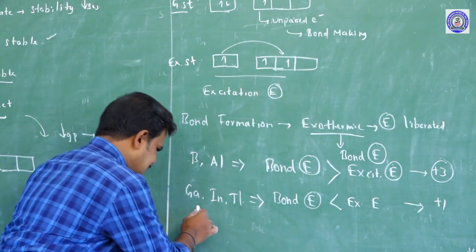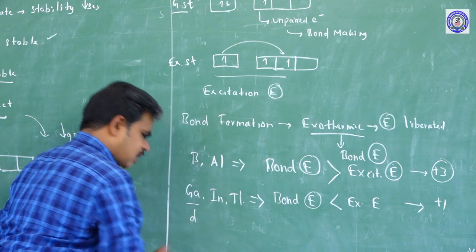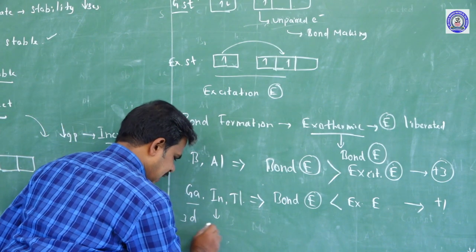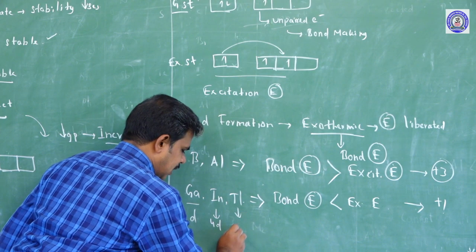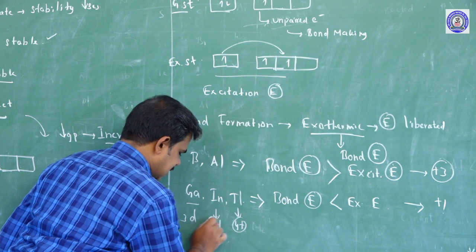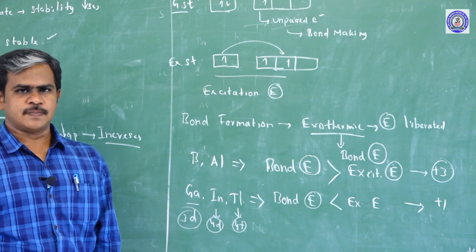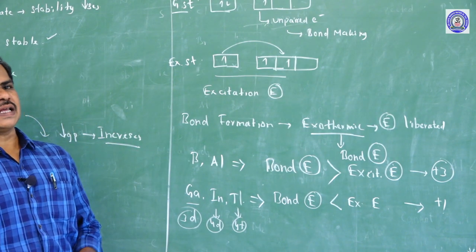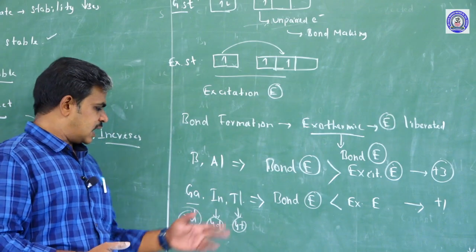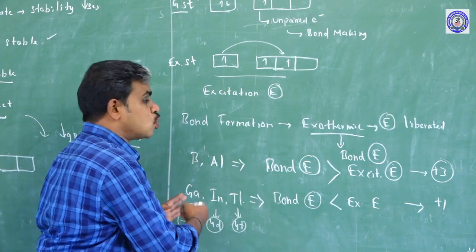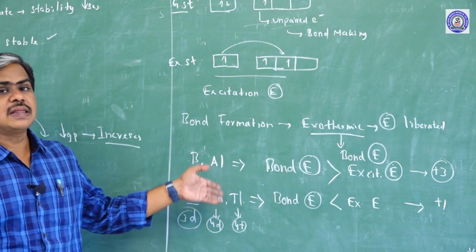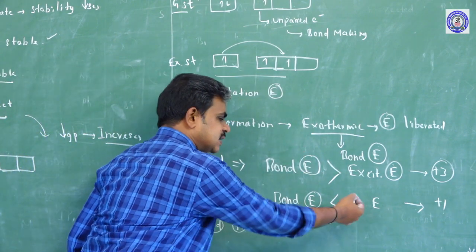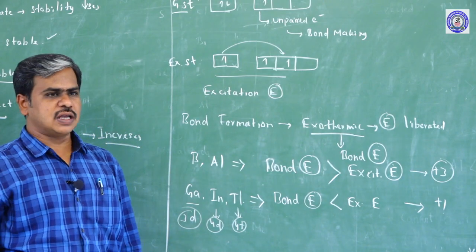And we already discussed that d electrons are there in the inner shell. Here also there are 3d electrons, 4d electrons and 4f electrons in the inner shells, so that it has very poor shielding effect, so the nuclear charge experienced by the last electron is highest, so the bond energy is least.